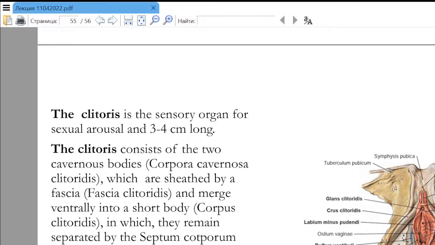In which they remain separated by the septum corporum cavernosorum. This is corpus cavernosum clitoridis, glans clitoridis.